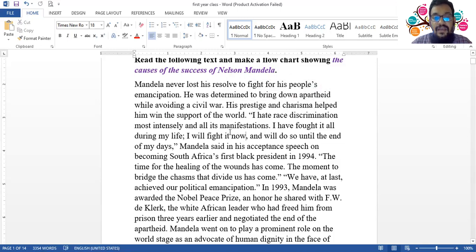Then he hated race discrimination. He not only hated race discrimination, but also fought against it. That means determination is important, his prestige and charisma is important. Then fighting against what he hates is also important.